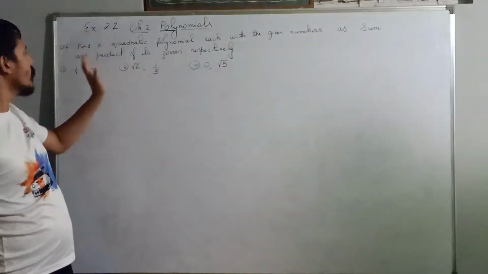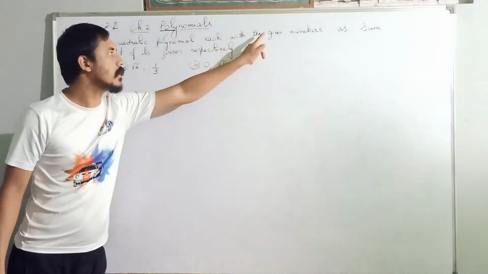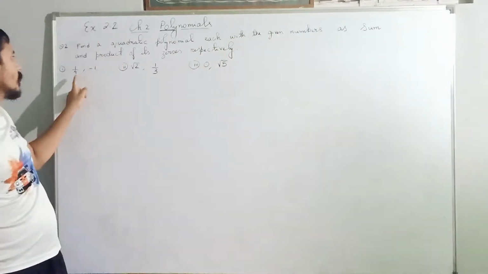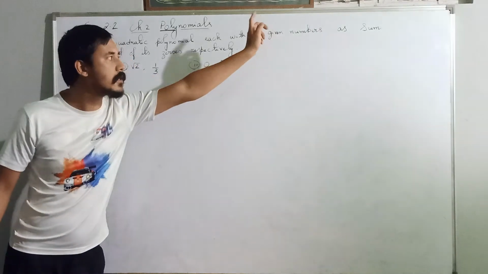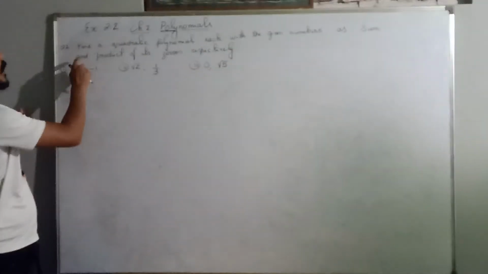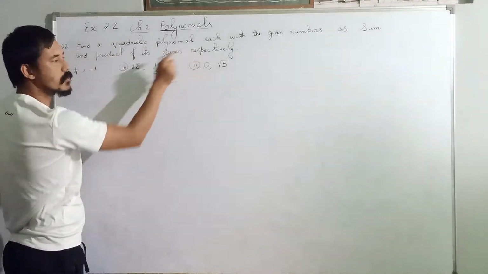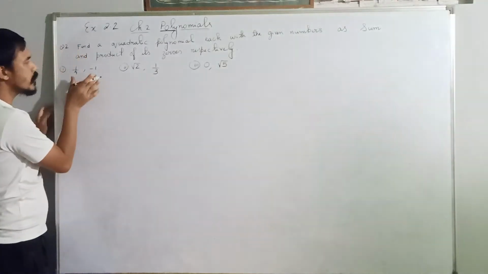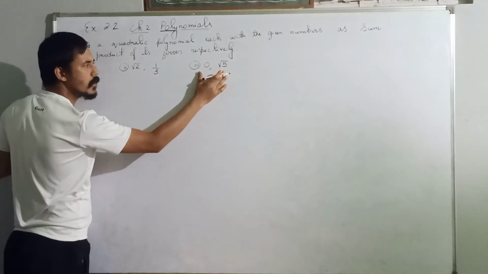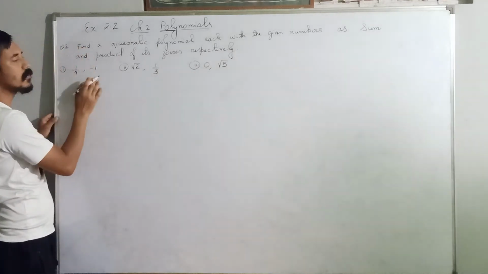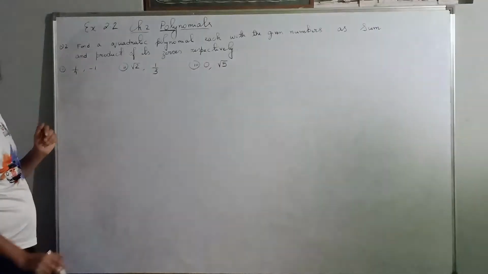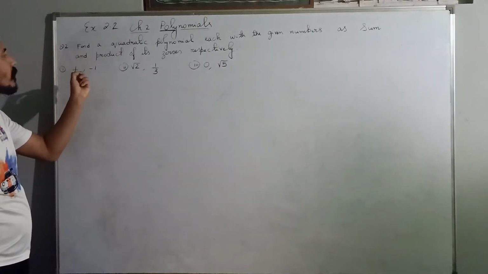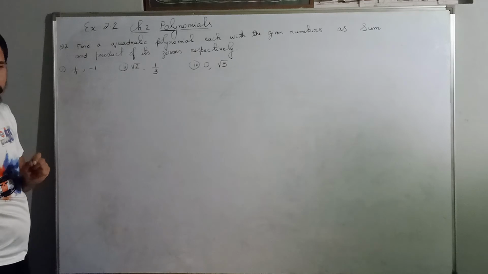Find the quadratic polynomial in each case. The given numbers are given as the sum and product of its zeros respectively. So in each question we have a pair of given numbers, and we are going to use these numbers as the sum and product of zeros respectively.